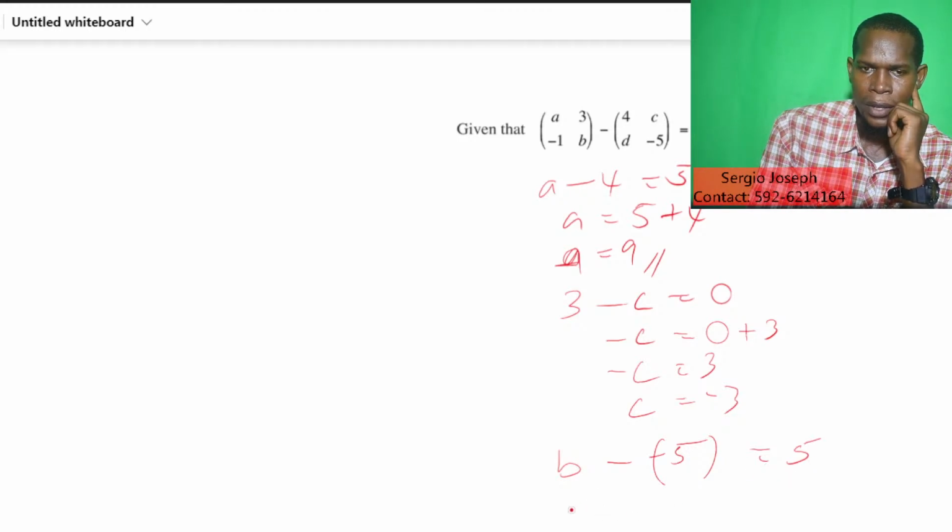This is the same as B, negative and negative is plus 5, is equal to 5. Therefore, making B the subject, we have B is equal to 5 minus 5. And therefore, this gives us B is equal to 0.